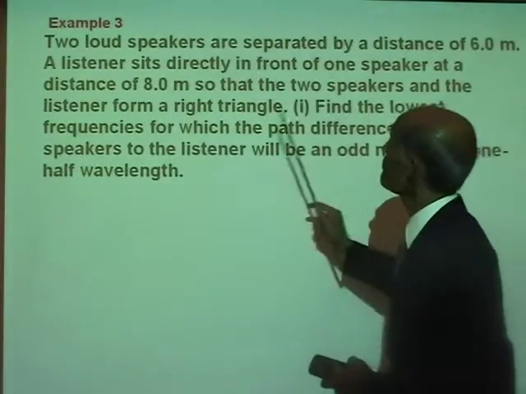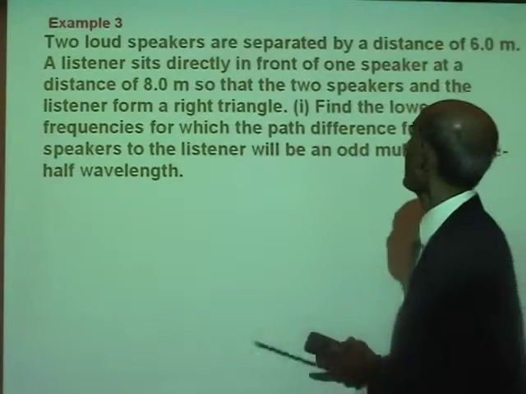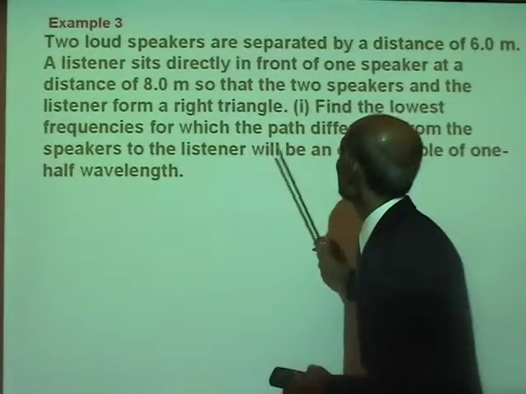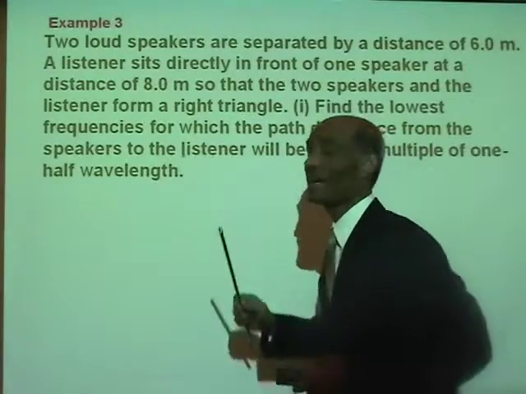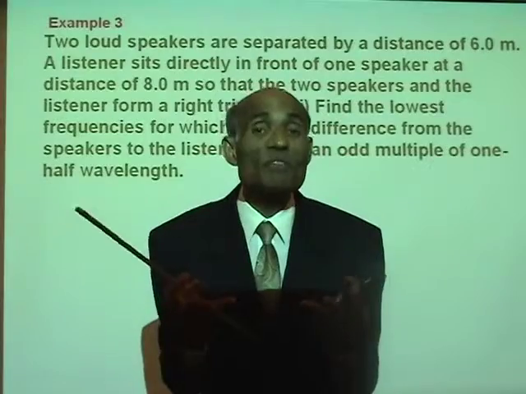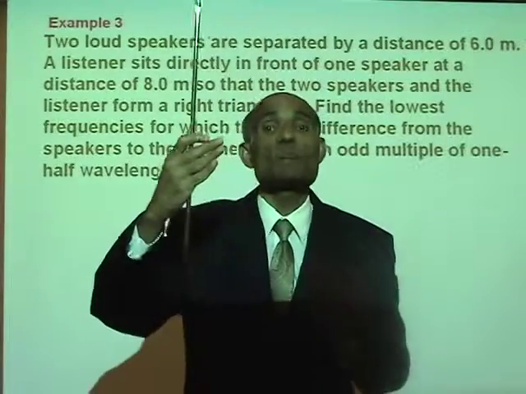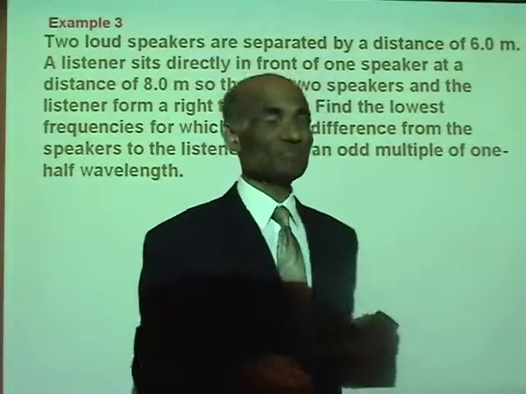Find the lowest frequencies for which the path difference from the speakers to the listener will be an odd multiple of 1/2 wavelength. In other words, we want to find the path difference for which the waves from both speakers will meet completely out of phase.